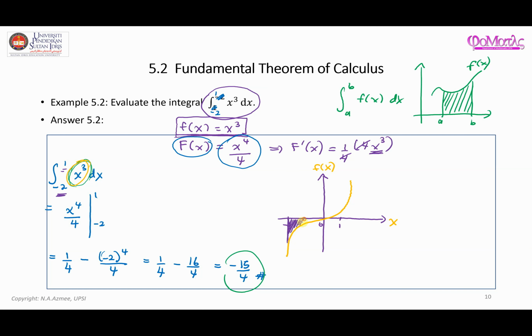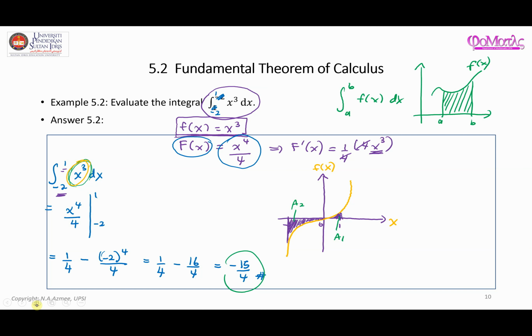So when you integrate, that's the meaning of that. This is the area given by from negative 2 to 0. And next, this is the area from 0 to 1. Okay, so we have two areas. So the first one is area 1, this is area 2.